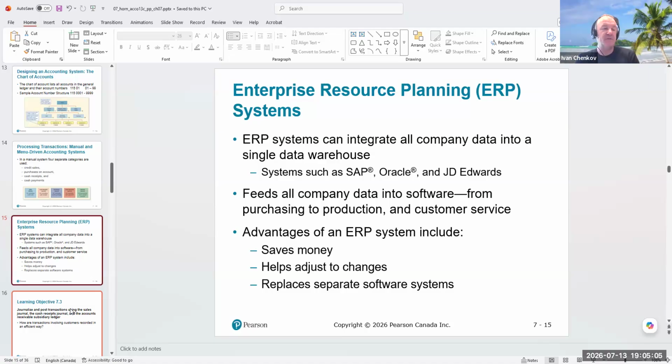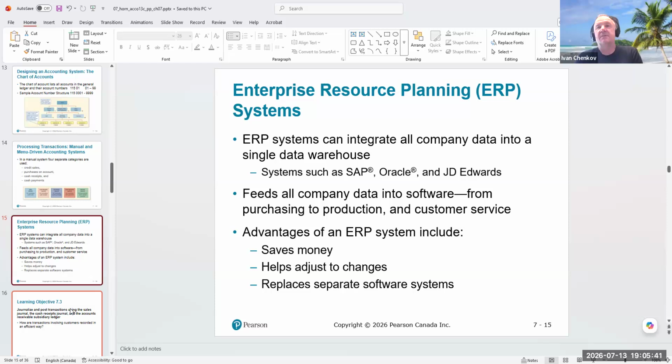Sage 50 is just a basic accounting software, but Sage 300 is an enterprise resource planning system, which gives you the ability to do different things in different places. So that will fit the company into one single software, where we're going to have extra information about the customers, vendors, purchases, sales, payments, everything.